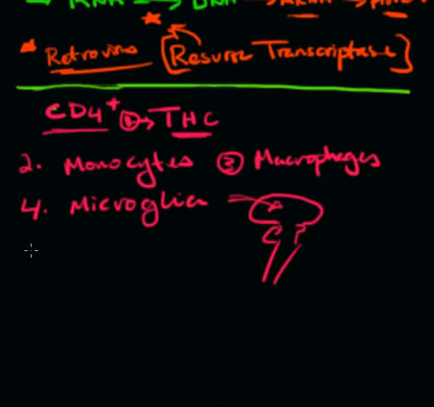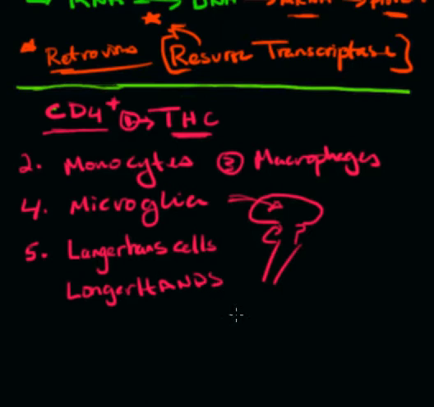Also, another place that HIV can attack is Langerhans cells. These cells are normally under the skin. The way I like to remember is longer hands.